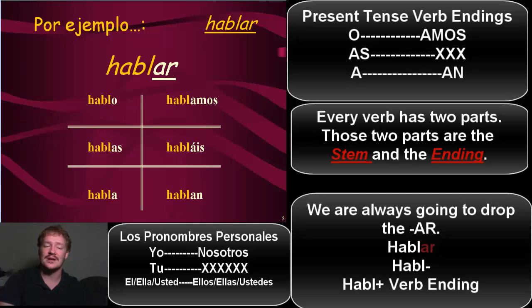So it's very important to know that hablar has 5 different form endings, just like tener, just like ser, just like every other verb in the present tense. So go ahead, take a few seconds, write down these 5 forms, and I'll just wait for you to finish. Alright, moving on.